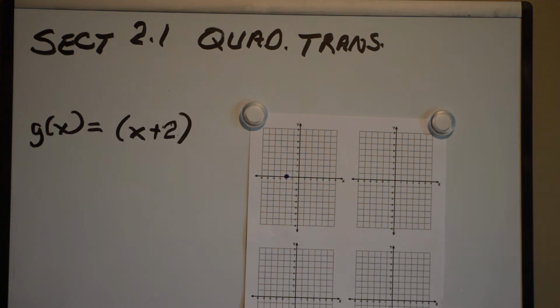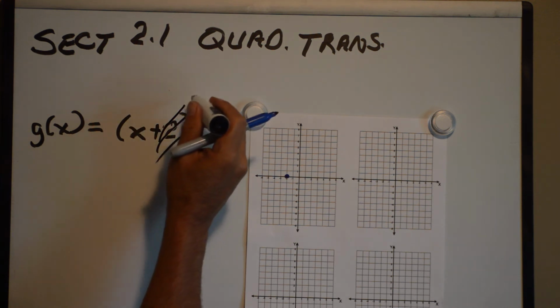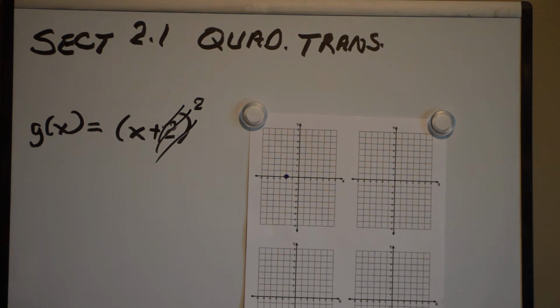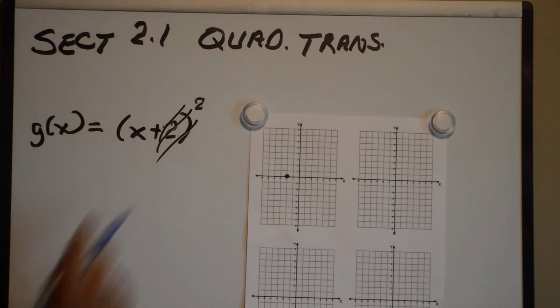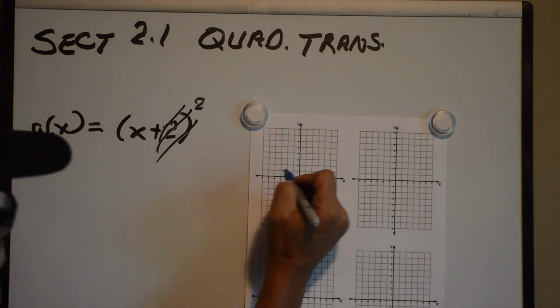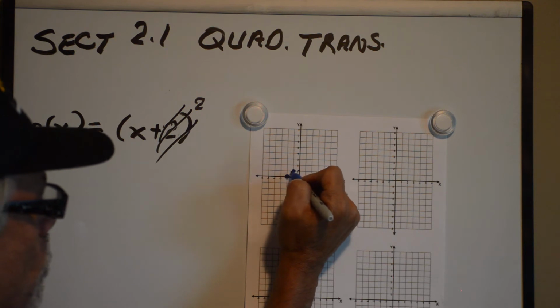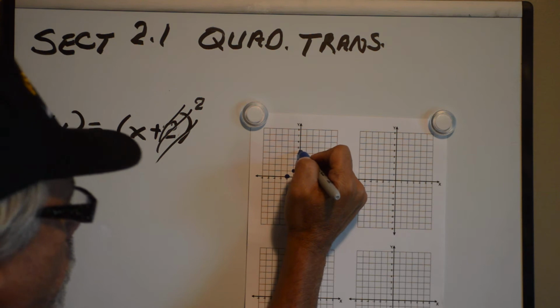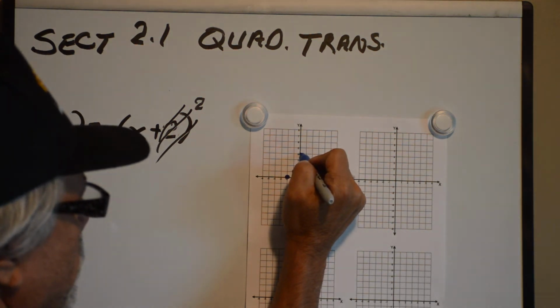Once I do my vertex, I've taken care of that 2, and I forgot, I'm sorry, this is squared because we're talking about quadratics. Now that I got rid of that 2, I have g of x equals x squared. So our points are just 0, 0, 1, 1, 2, 4, 1, 2, 3, 4.